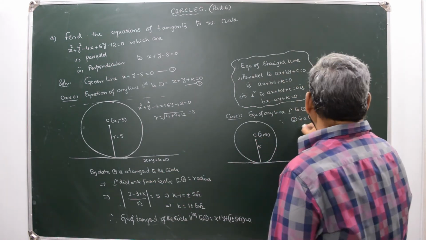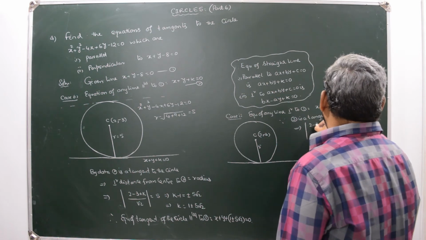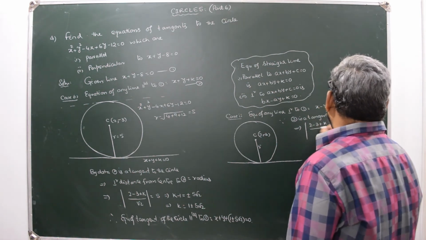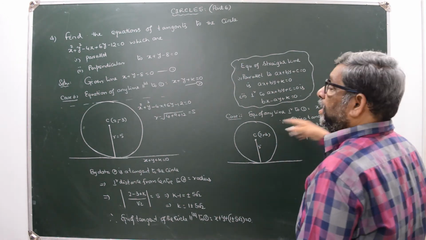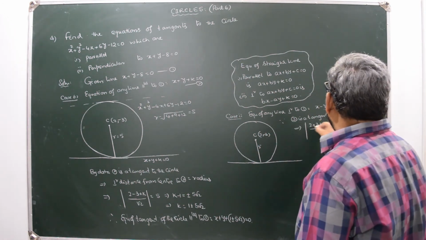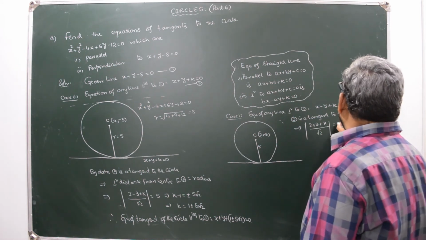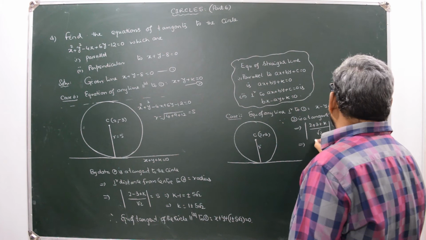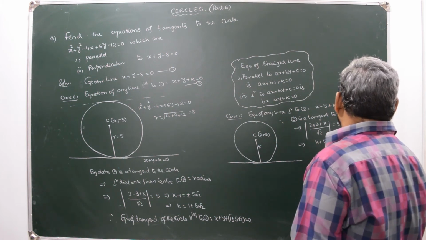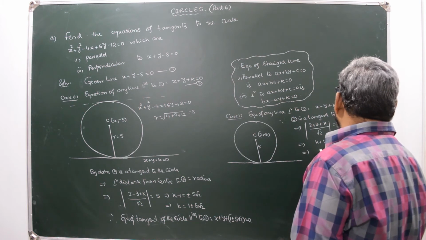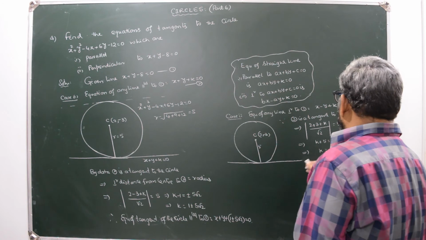So (2 plus 3 plus k) by root 2 is equal to 5. So k plus 5 is equal to plus or minus 5 root 2. So k is equal to minus 5 plus or minus 5 root 2.